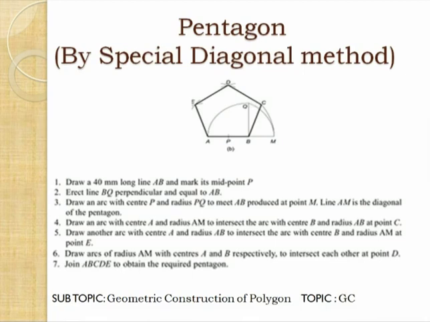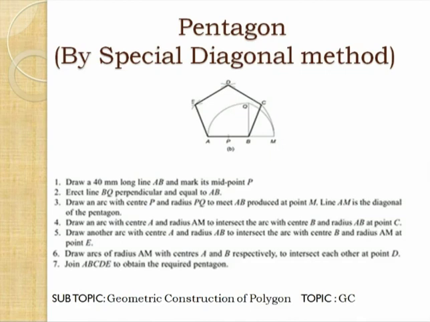Taking center A and the length of side AB, another arc, that will give the point E. You join A with E. Same way taking center A and length of diagonal AM, we can draw one arc, and center B and the same length of diagonal, we draw another arc which will intersect at point D.